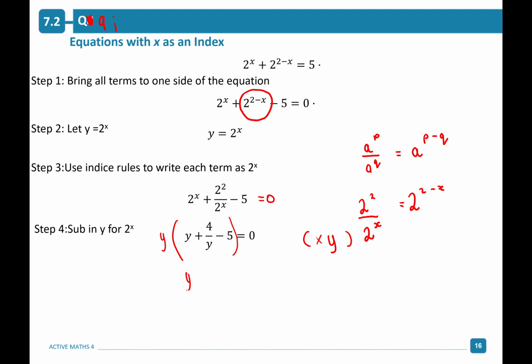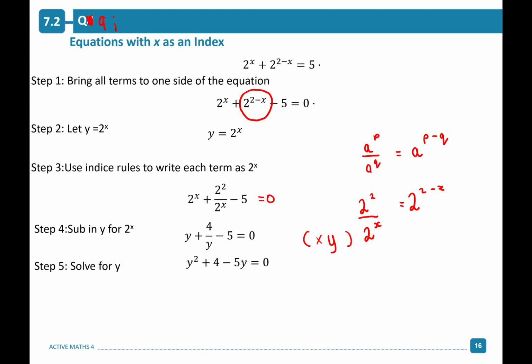I get y times y, which gives me y squared, plus 4y over y, which leaves us with 4, minus 5 times y, which gives us 5y. Therefore, we have y squared plus 4 minus 5y equals 0.